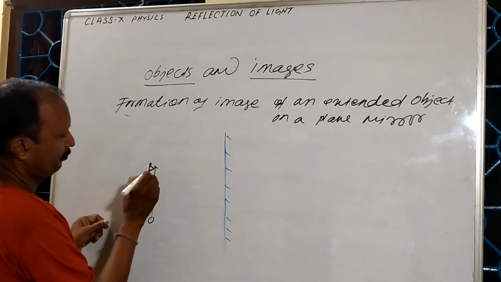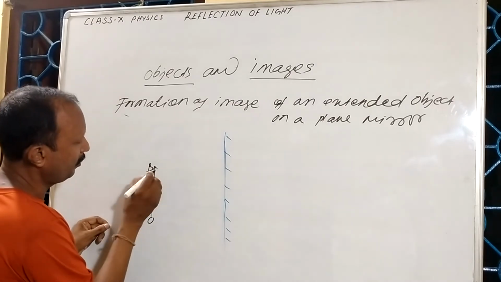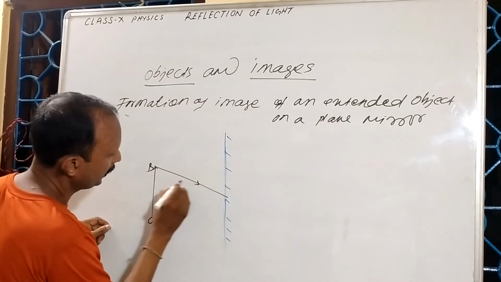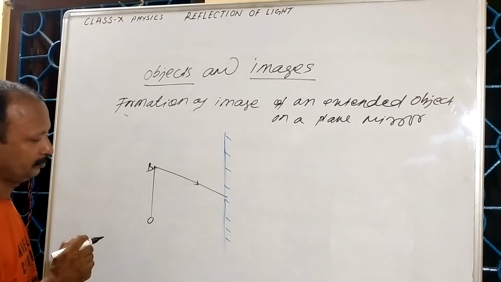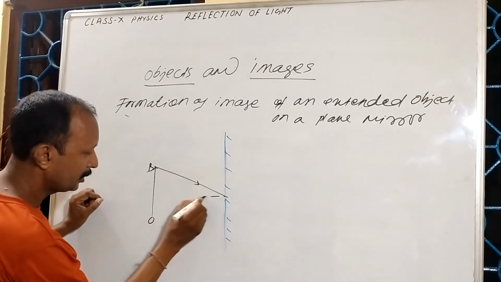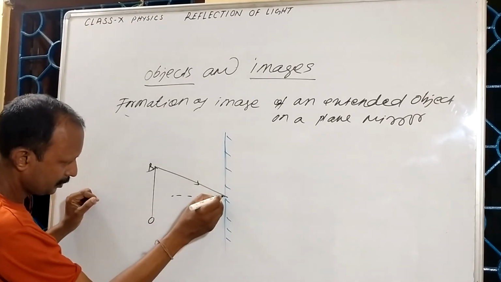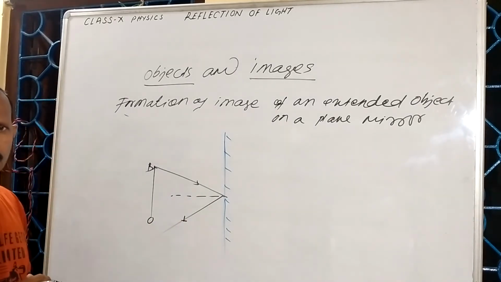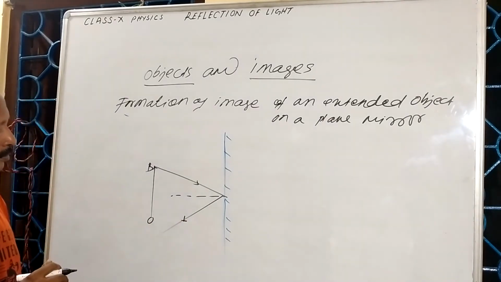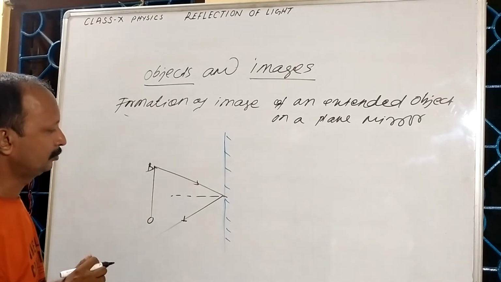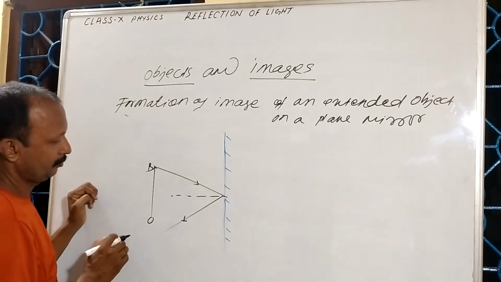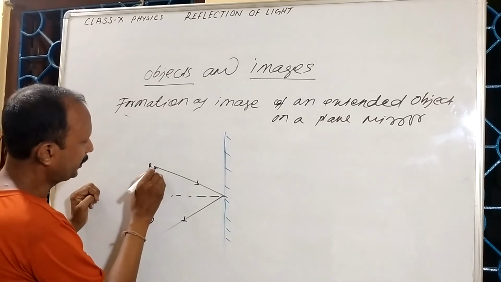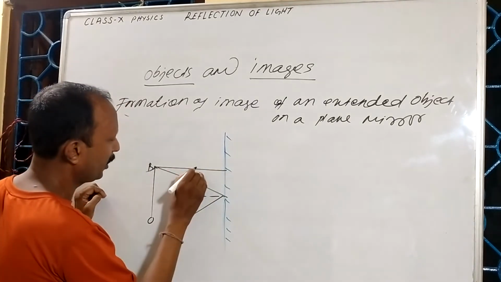From this point, I am taking one ray. This is the incident ray. I can draw this is the normal, this is the reflected ray. Now, again, I am taking one more incident ray from this point.